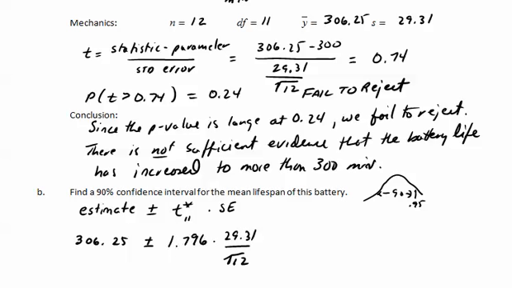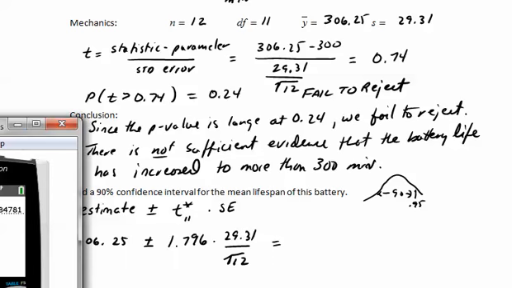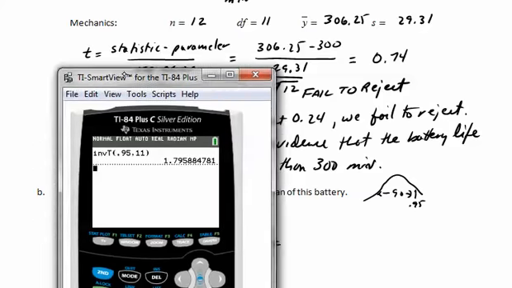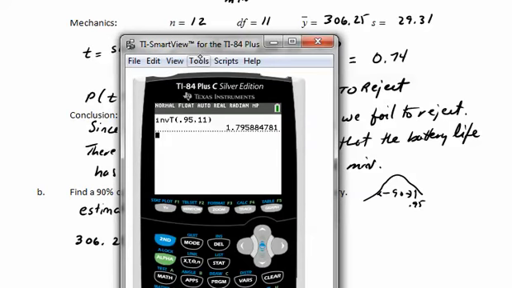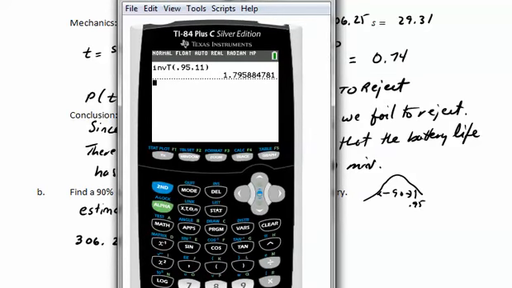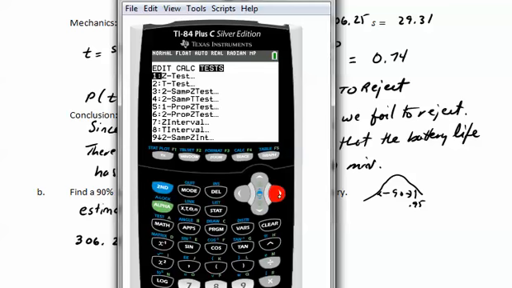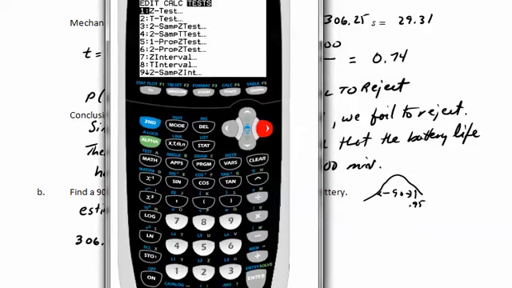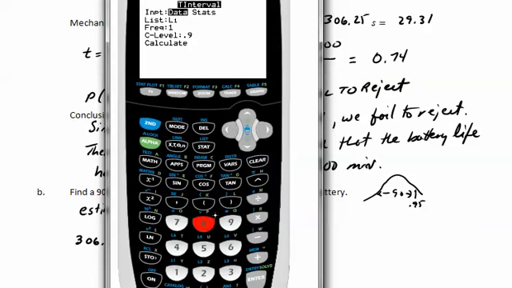I could go ahead and do those calculations, or I could also just have my calculator do the work for me, so I would make sure I didn't have any errors. I would go to Stat, go to Test, and you can see number 8 is the t interval. I'll go from the data, and my confidence level is 0.9.